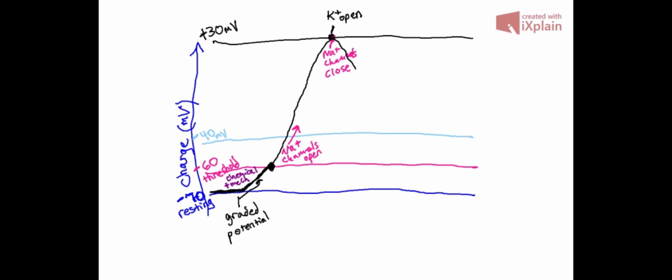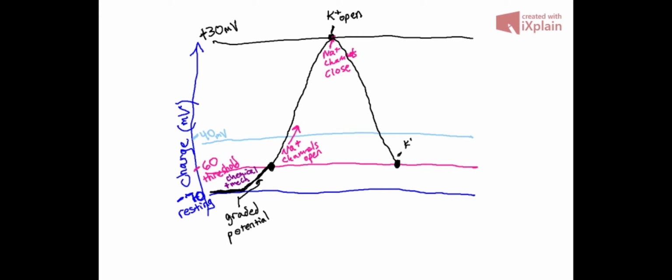So it goes down, more potassium ions leave the cell, taking away some of the positive charge, until it goes down past negative 40 millivolts, down, down, and then it hits the threshold. Once it gets all the way back down, enough potassium ions have left the cell to make the plasma membrane potential negative 60 millivolts.